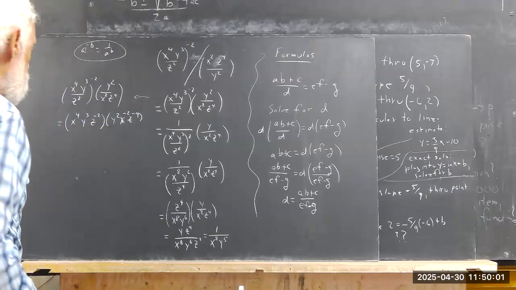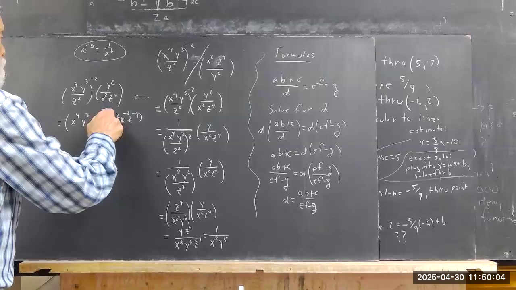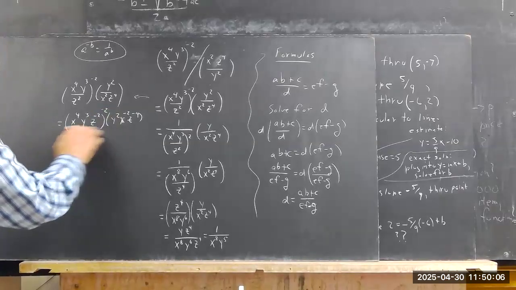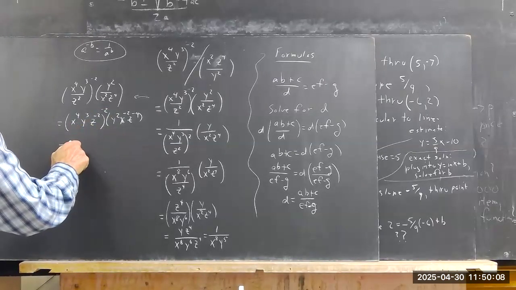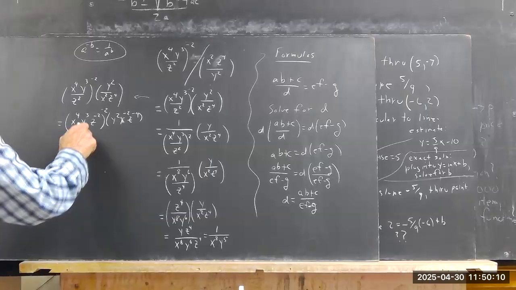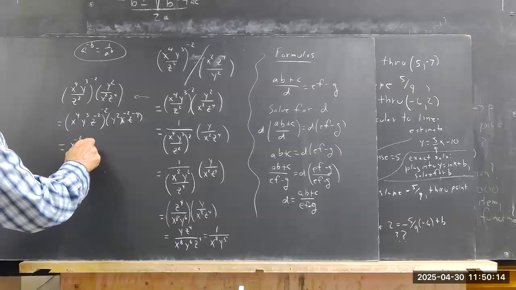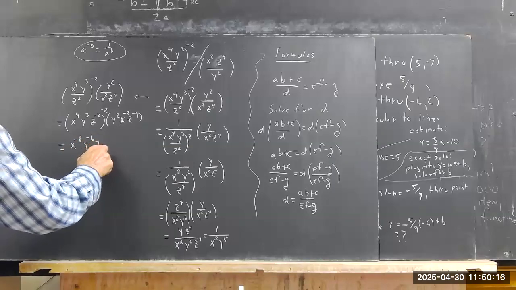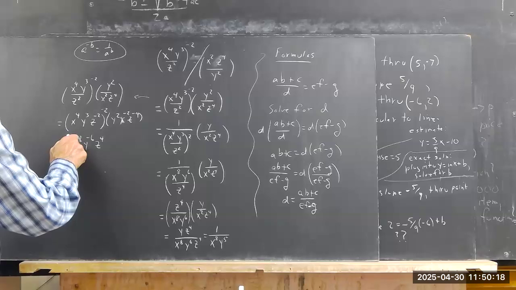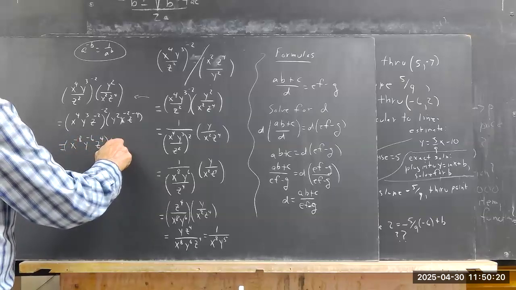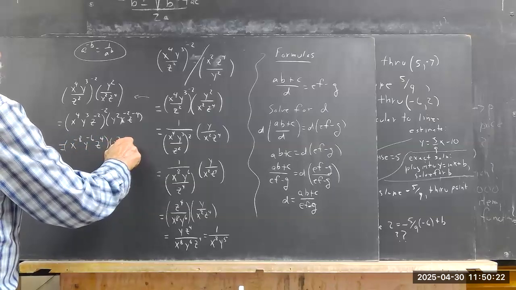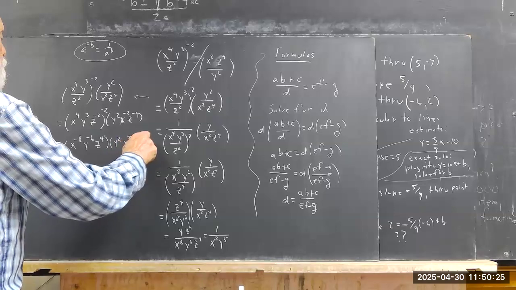Know that. Okay, now this is to the negative two, so now we multiply the exponents to get x to the negative eighth, y to the negative sixth, z to the fourth, times y squared, x squared, z to the negative fourth.